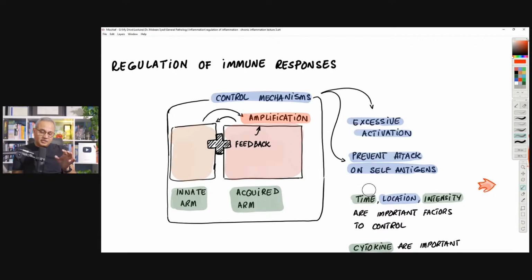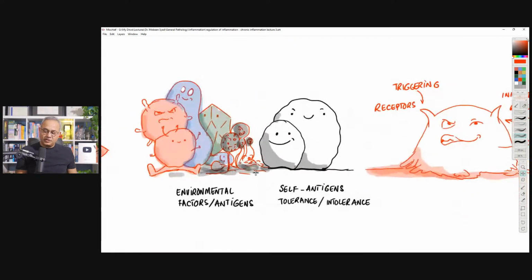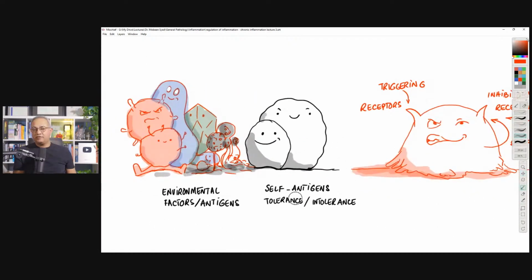The duration of the attack, the location of the attack, the intensity of the attack, all of these factors can take part in creating chronic inflammation. So if somebody has inflammation, that inflammation can persist if the offending environmental factors are not removed. For example, if there is mold causing continuous inflammation, or if there are allergens.